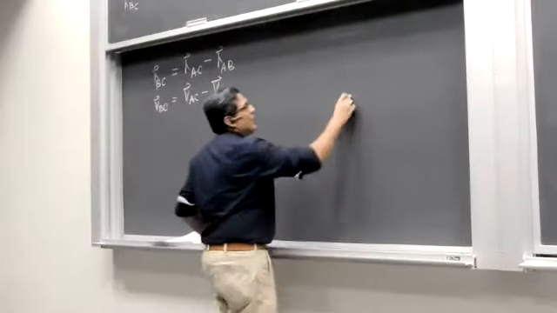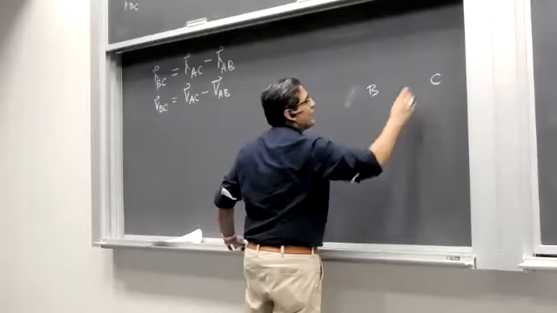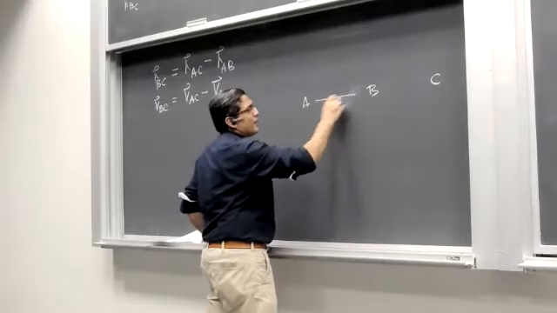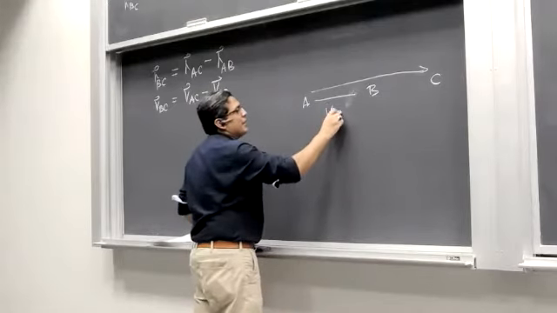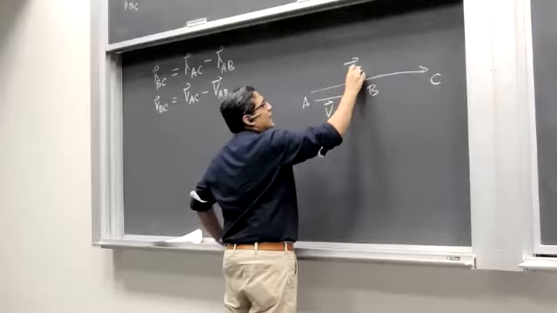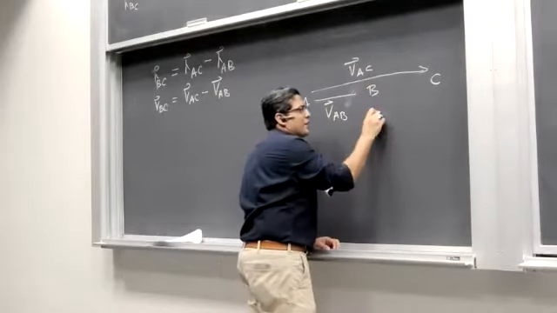So if you know the speed of B and C with respect to A, although both of them are different, if you know these two velocities, VAB and VAC, and they're moving at different speeds.